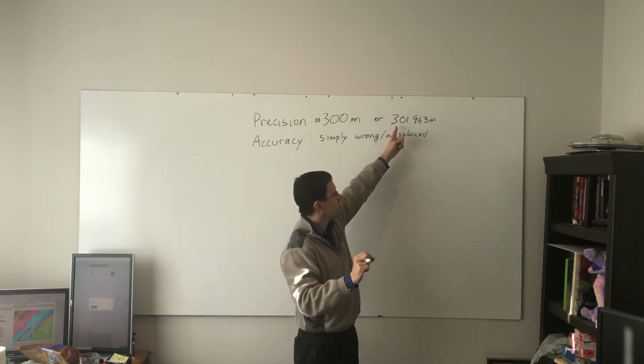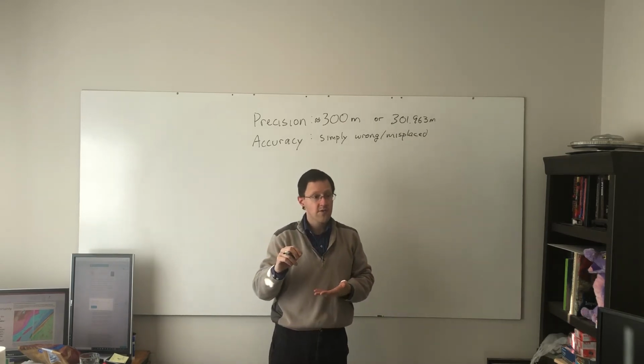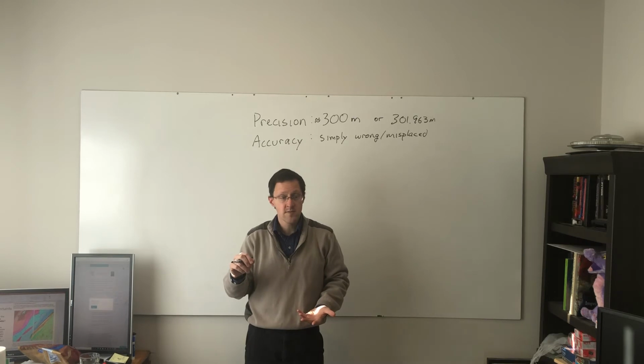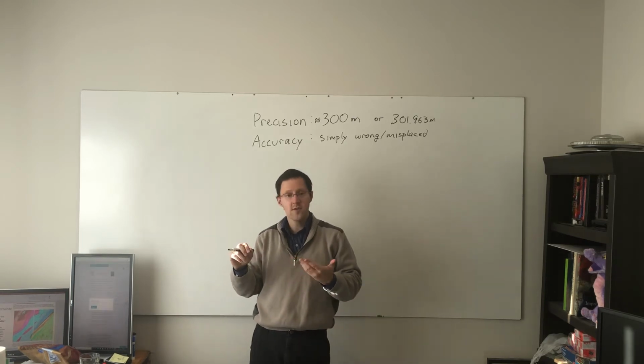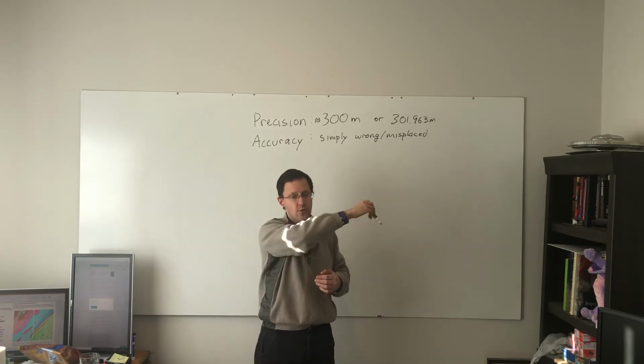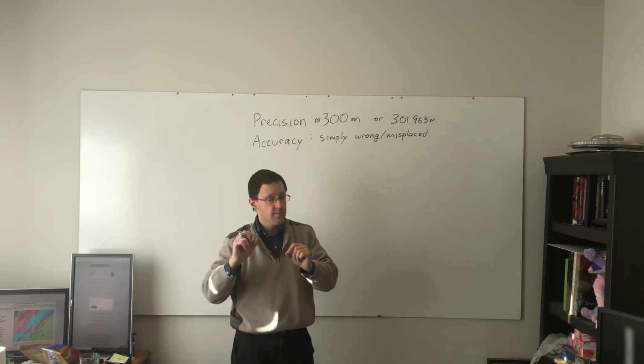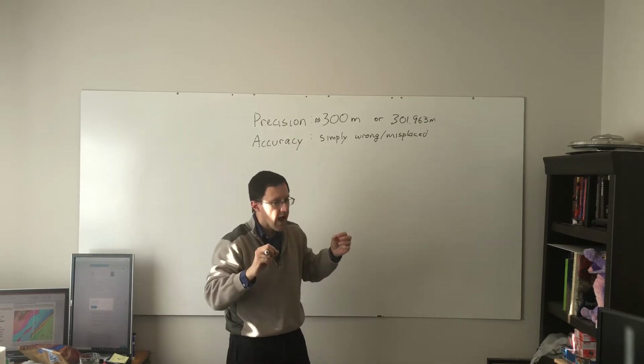Likewise, with this distance idea, if the terrestrial LiDAR system was not calibrated correctly, or had some kind of interference, like maybe even something like a bird flew across the path, its measurement can be very precise but not accurate.